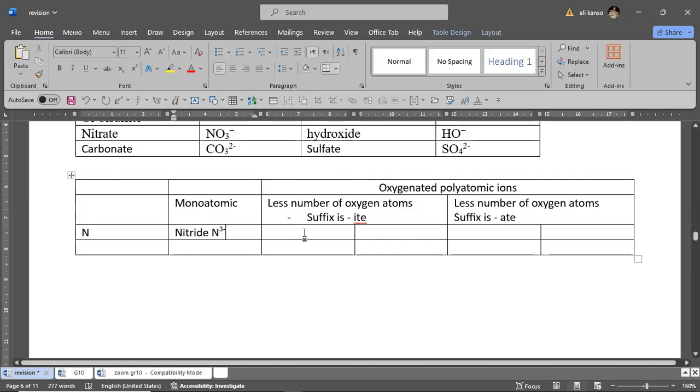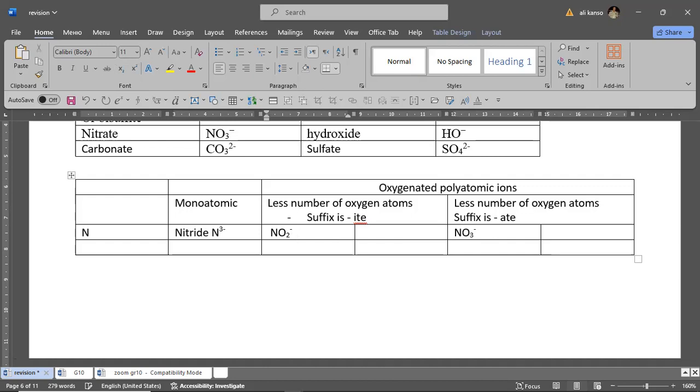If it is oxygenated, NO2 minus, and on the other side we have NO3 minus. Then we say this one is nitrite, nitrite.